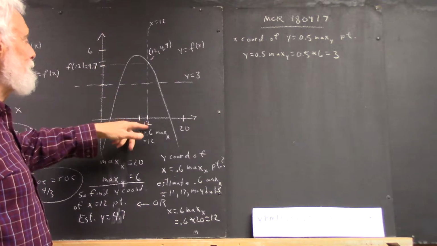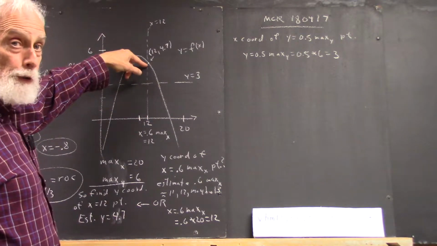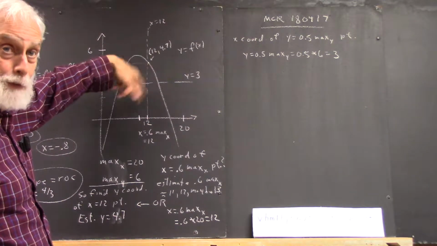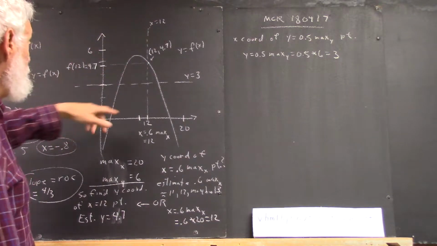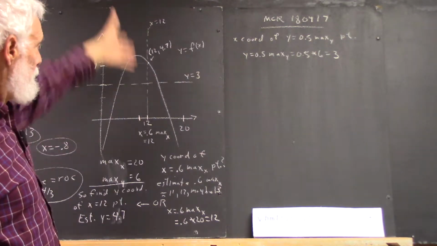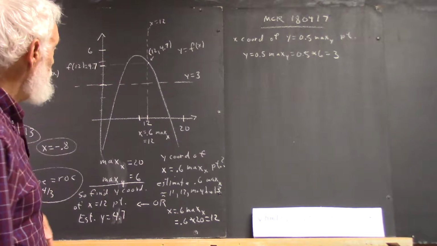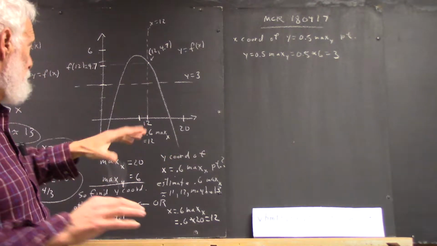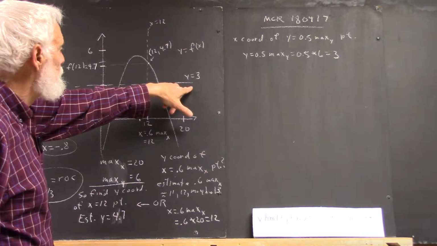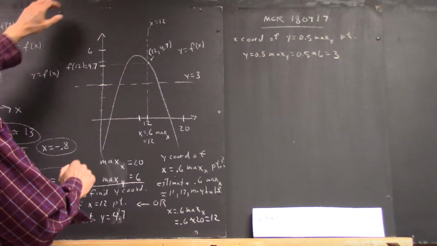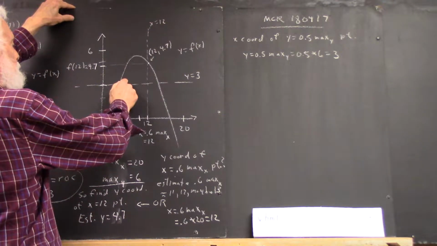If it's x equals 12, there's only one point on the graph if it's a function, right? Because of the vertical line test and stuff. And it's not as important to draw the whole x equals 12 line, or the whole part that relates to the function. So the y equals 3 line, though, we see intersects the graph at 2 points.